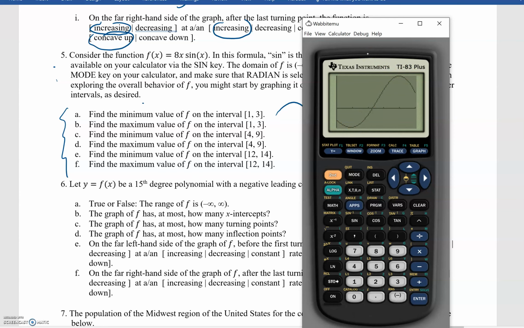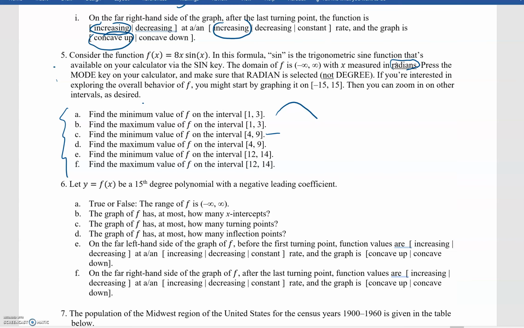So in this case, we will use calc minimum here and calc maximum there. To find the minimum value here, I'd have to use calc min. Here I would have to use calc max. Here I use calc max. But for the first one, just to recap, I didn't. I just used y1 of 3.